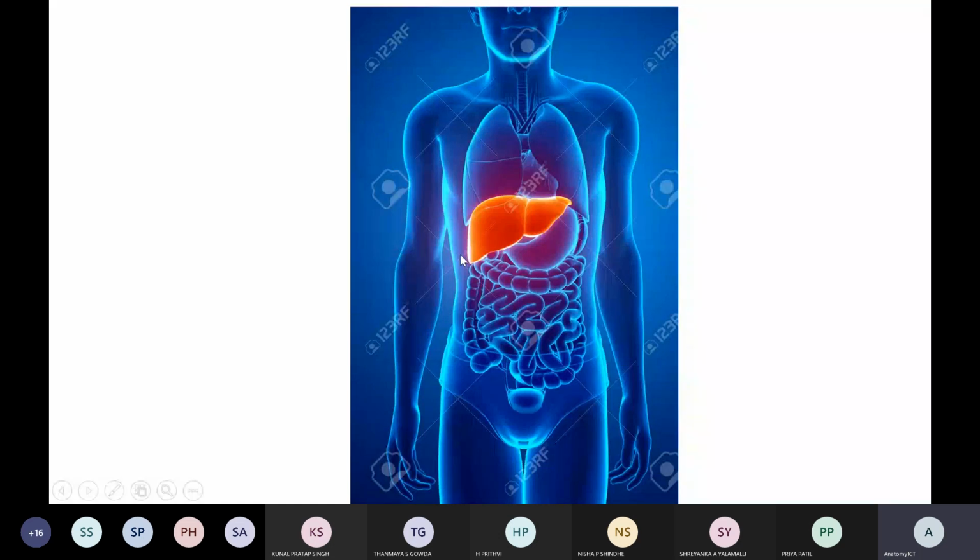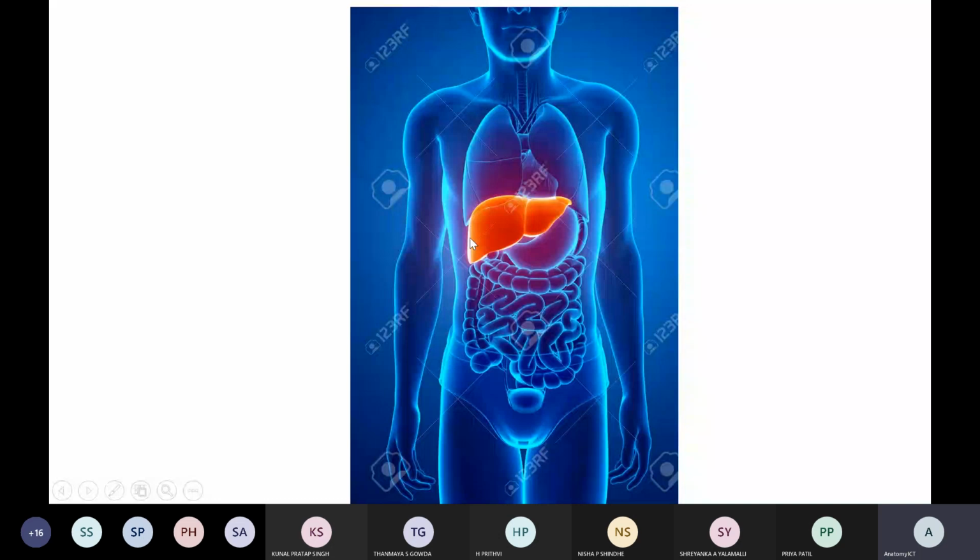This diaphragm divides the complete trunk into the thoracic region above and the abdomen below. So the part covered by the upper portion, on the right side and extending superiorly, half of it is the liver. Hence the location of the liver.